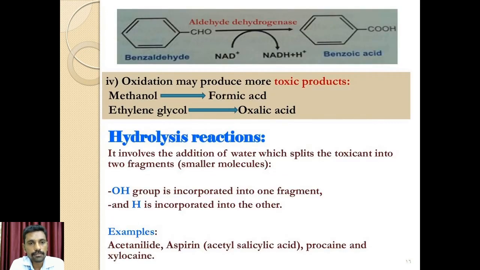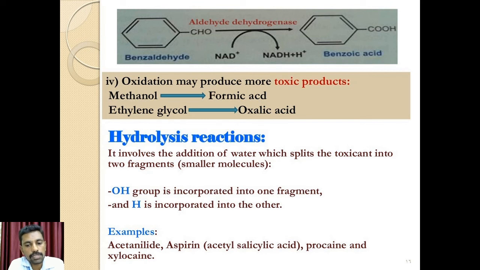Benzaldehyde is also converted to benzoic acid by aldehyde dehydrogenase. The oxidation process may produce a more toxic product. Here methanol ends up forming formic acid, and ethylene glycol is converted to oxalic acid at the end of the reaction. Then the hydrolysis reaction.